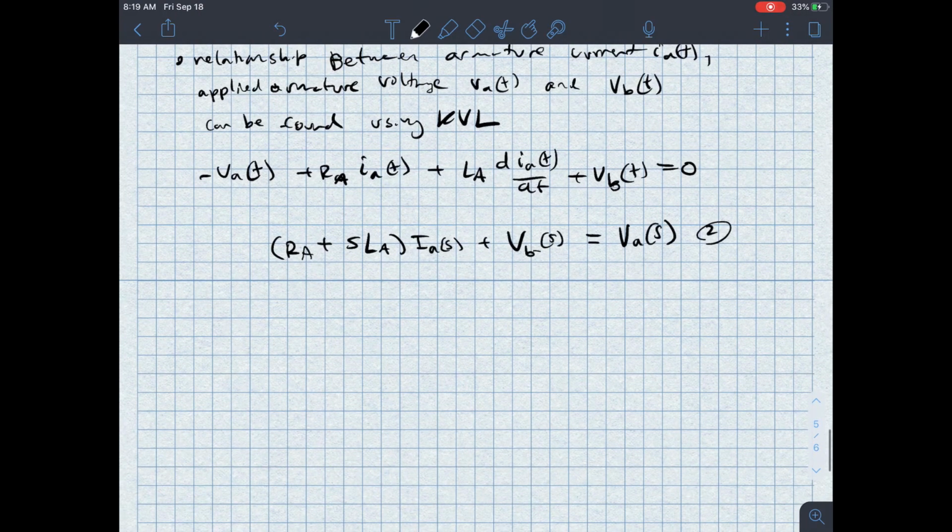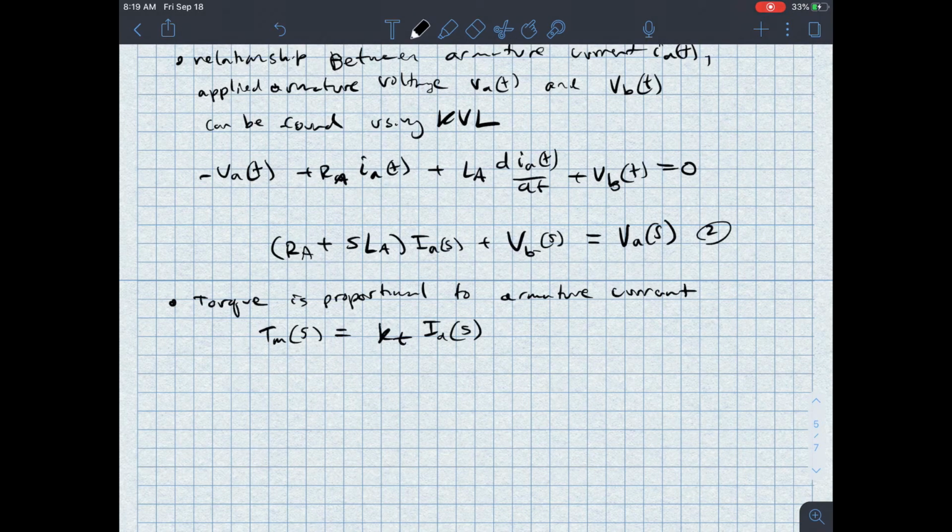The first bit of information we'll have is that the torque in the rotor is proportional to the armature current. That means that Tm(s) is equal to some proportionality constant, Kt, our torque constant, times Ia(s).